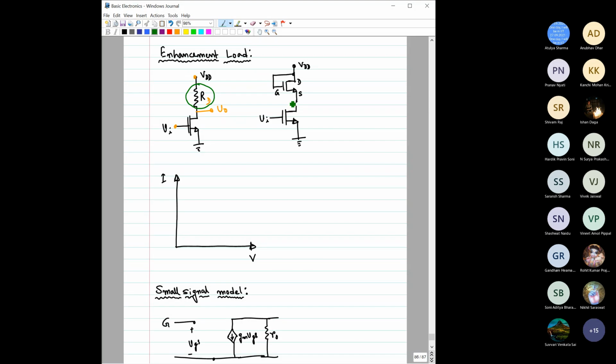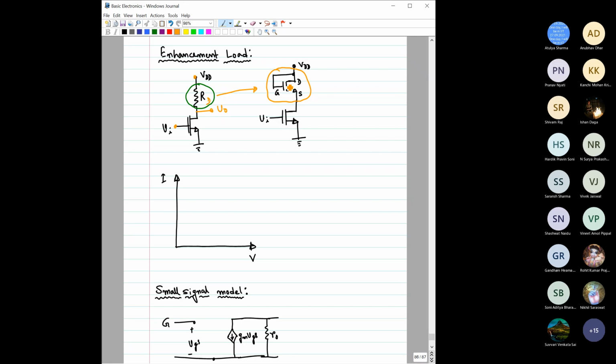It would be nice to replace this resistance by a transistor, because to make a transistor we need very small space compared to a resistor. So what has been proposed is to replace this RD with a transistor whose gate and drain terminals are shorted.